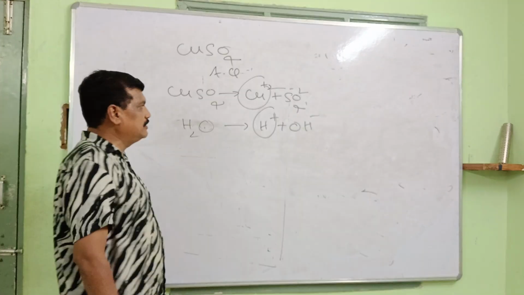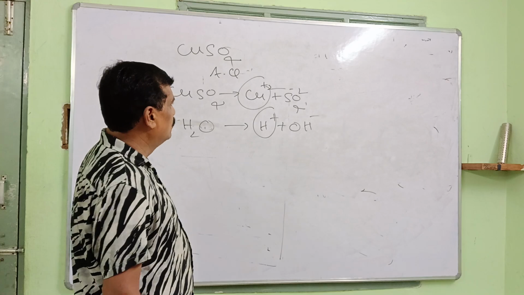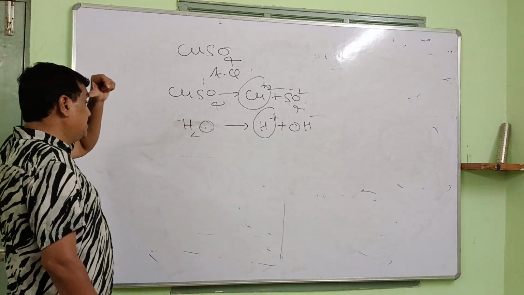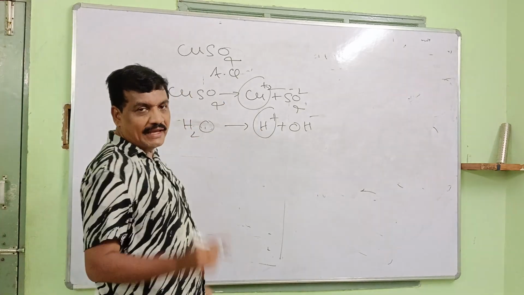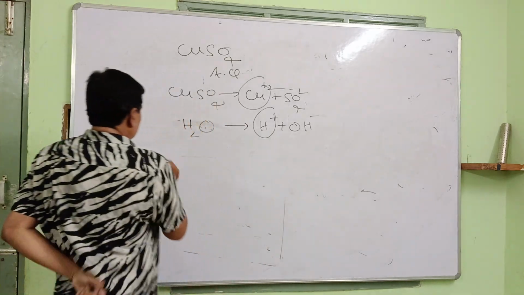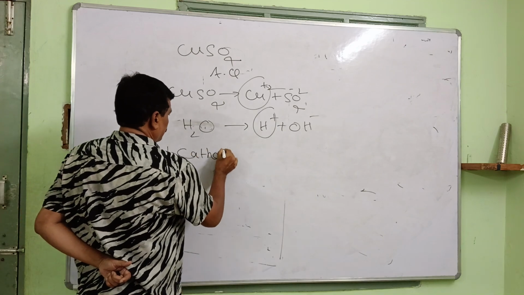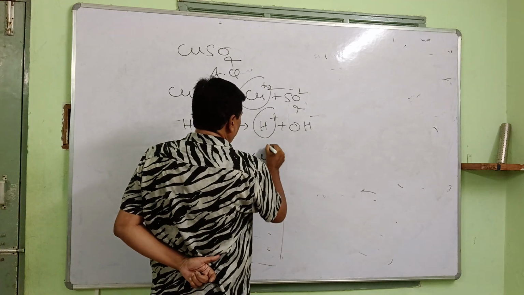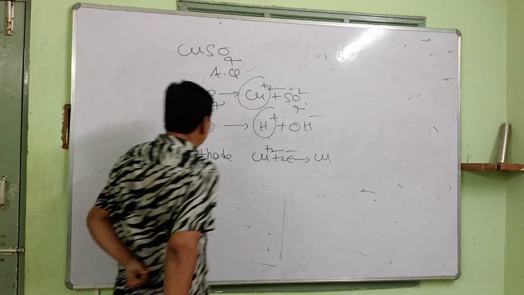According to the preferential discharge theory, the ion having the lowest discharge potential will be deposited. Previously I already told you about the copper ion and the H+ ion. Which ion has the lowest discharge potential? Definitely copper. So at the cathode, Cu2+ + 2e- gives rise to copper.